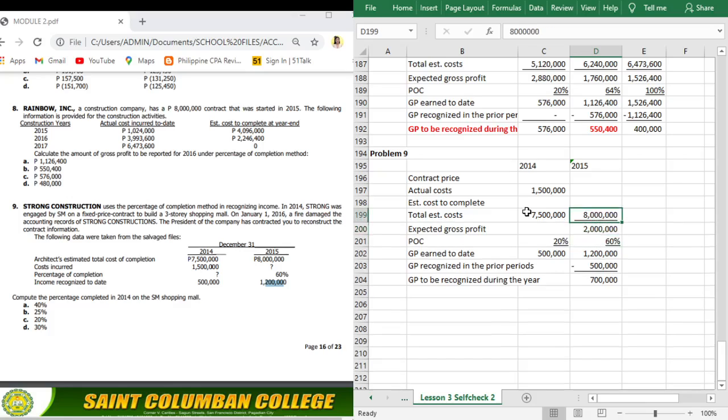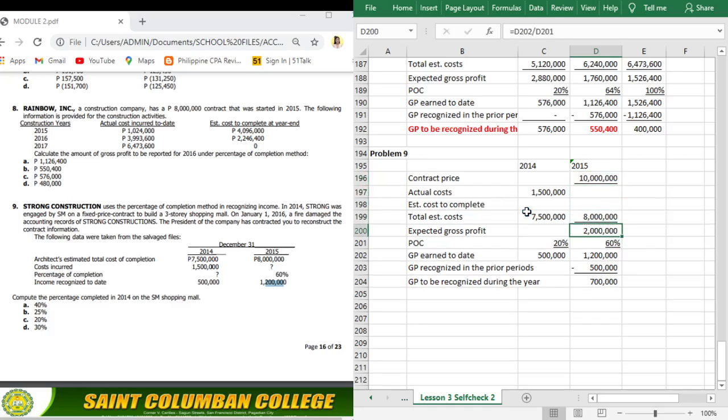So, meaning, if the expected gross profit is 2 million and the total estimated cost is 8 million, then that means the contract price is 10 million pesos. Okay, para 10 million minus 8 million, that is 2 million. So, pila ka atong actual cost? No, diba? Ang actual cost, diri man nagikan ang percentage of completion.